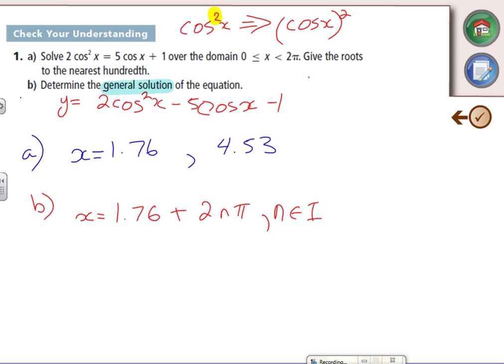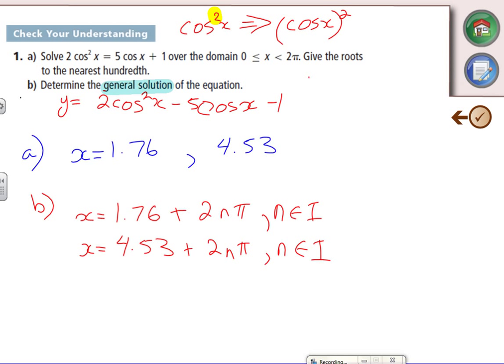Then take your second positive answer, which is 4.53, and add again 2 pi, throw in the n, and define your n as an integer. We're doing multiples of integers. The NEI tells us that we can't just take 1.5 periods. We have to go 1 period, 2 periods, 3 periods, or -4 periods on either way. If there were 3 intersections, if it was 3 places that they had zeros, I would have 3 answers in this general solution.